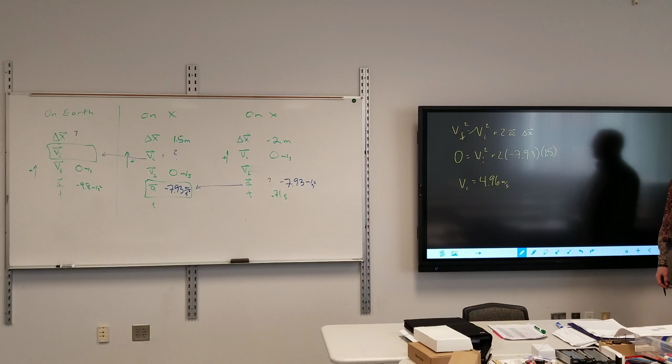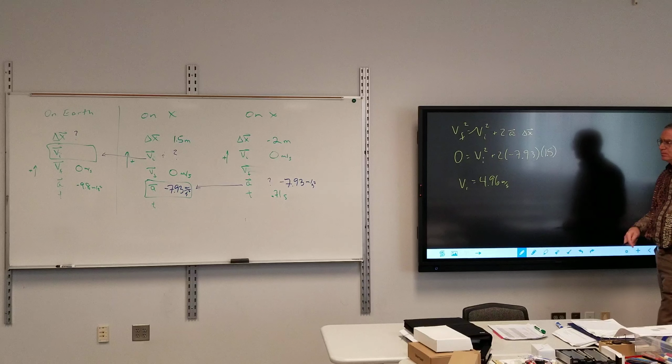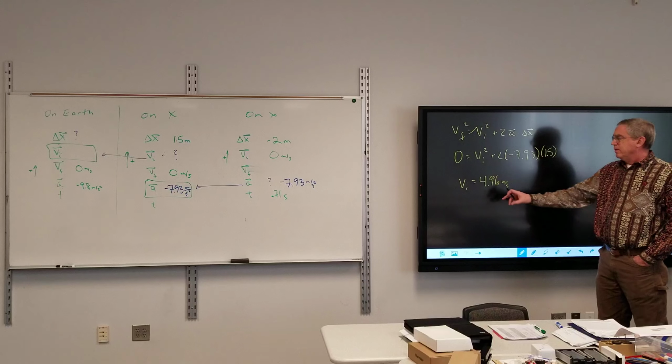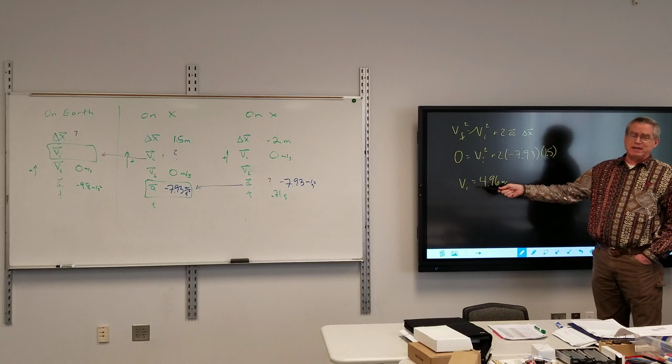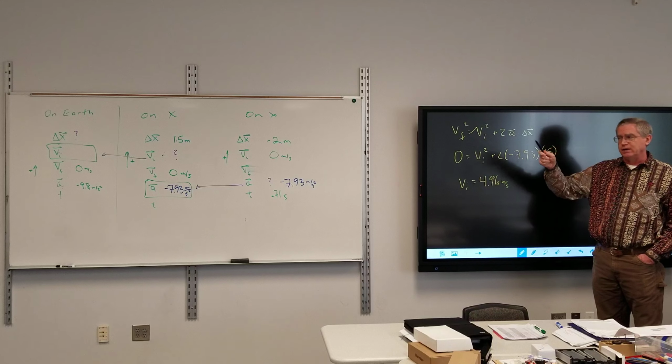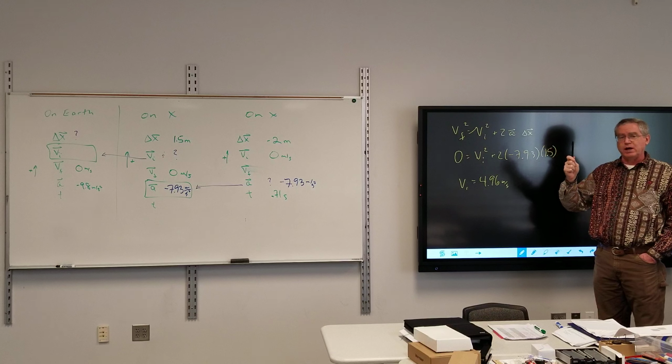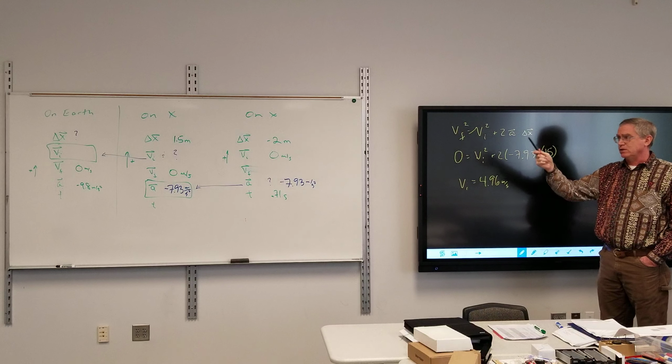If we had messed up on our signs and we had position and acceleration the same sign, we would have ended up with a negative under the radical, which would have been the clue that something was off. Also recognize that what we found right here is the initial speed. We have to interpret that and go, the initial velocity was up, therefore, given our convention, it would be positive.